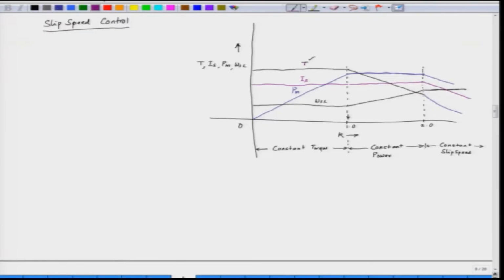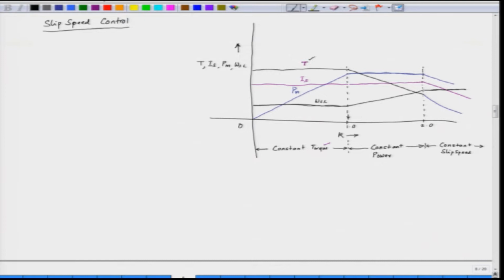The torque is initially maintained constant, and this is called the constant torque region. Current is also maintained constant, the power increases, and the slip frequency is nearly constant here.